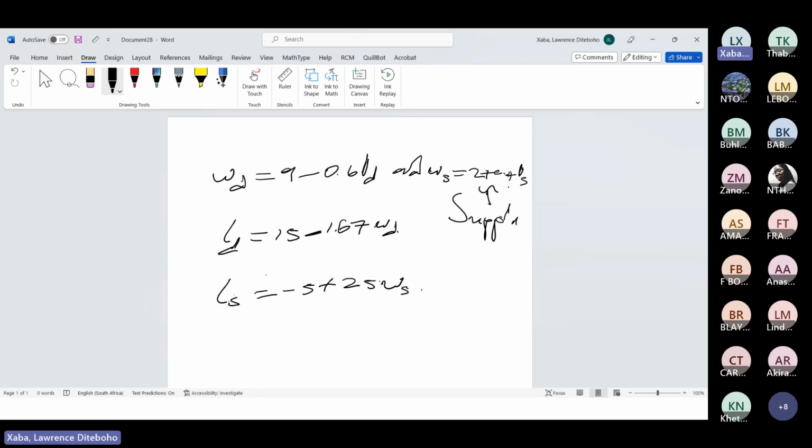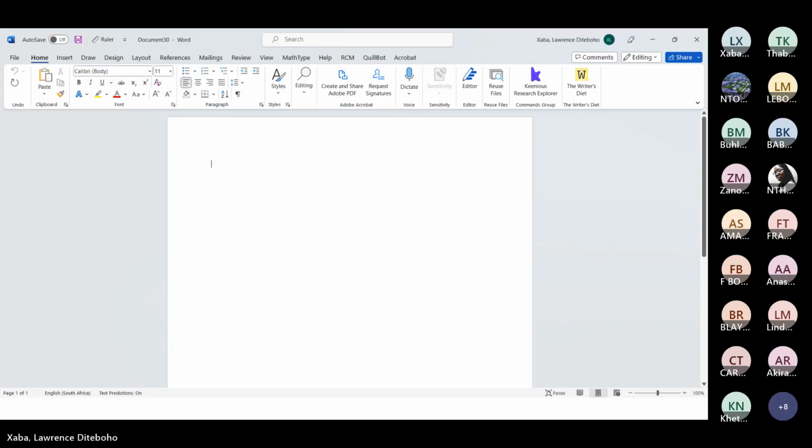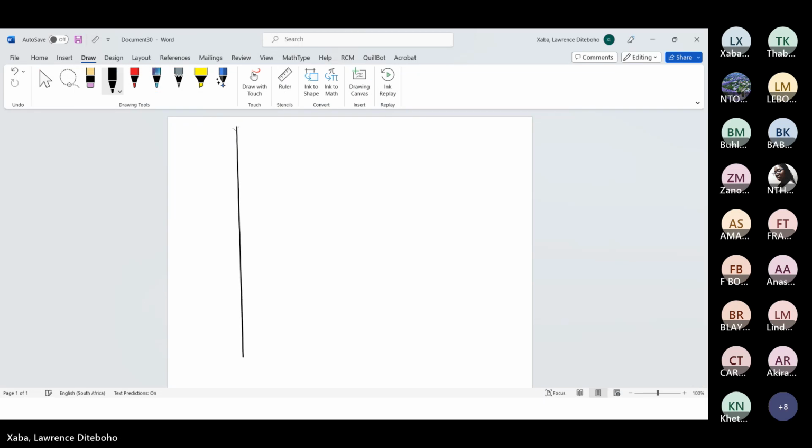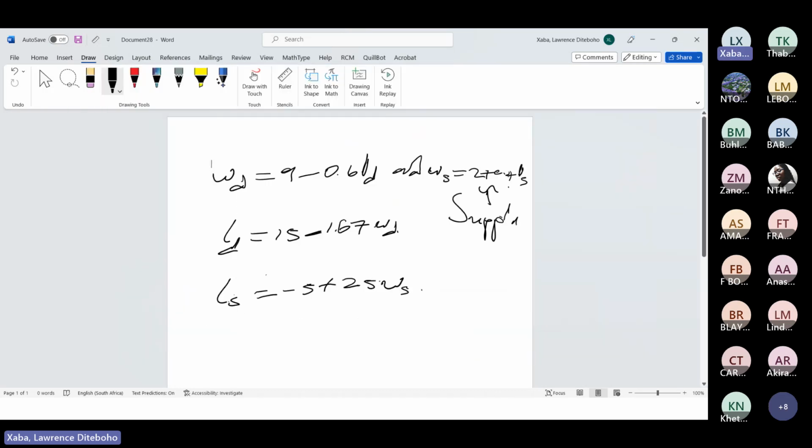Okay, let's look at our graph. Let me go back to our equations. Okay, these are our two equations.